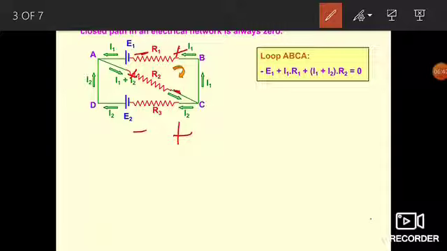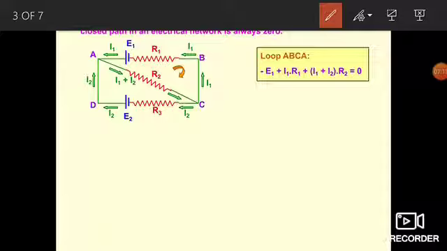Now we move to the next part. Suppose I am moving in the direction. First I take I1 R1. I told you that I1 is entering in R1. Suppose we have taken the direction CBAC, according to this equation. So I1 is entering in R1.